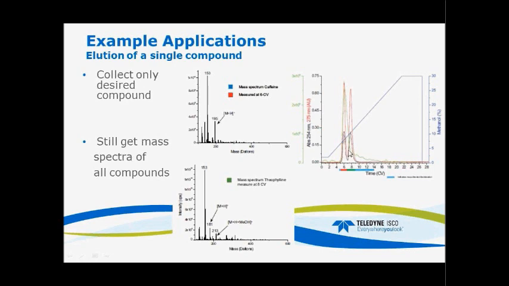So the two working in tandem allowed me to collect only the 181 peak and cut out this impurity that had a UV that I was not interested in. And so you can see where we'll have a fairly pure fraction here of my thiophthalene, while the caffeine has been cut out.